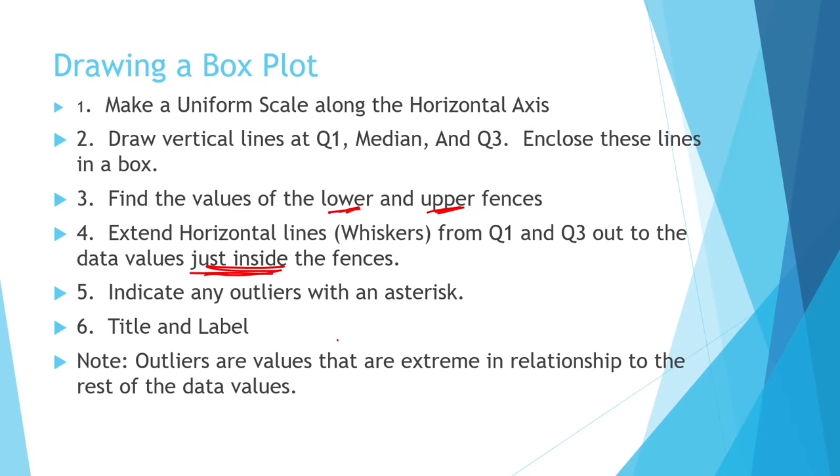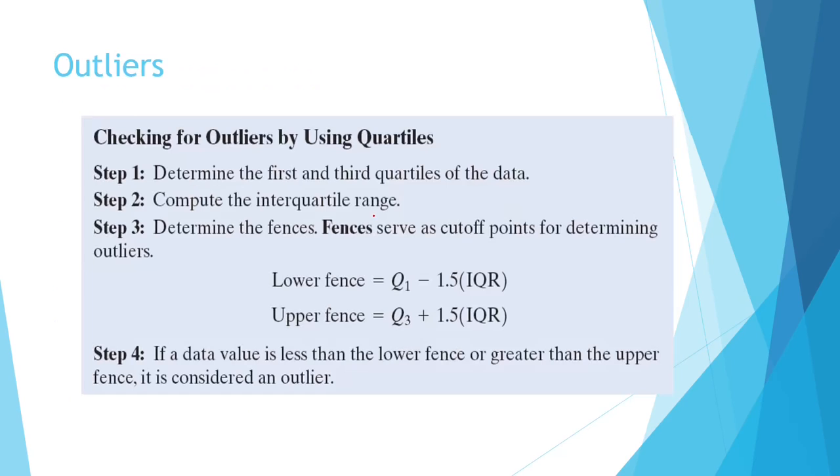Step 5, indicate any outliers with an asterisk. Step 6, title and label the box plot. Note, outliers are values that are extreme in relationship to the rest of the data values. In order to find outliers, we must first determine the first and third quartiles of the data, then compute the interquartile range, IQR, which is calculated by taking Q3 and subtracting Q1 from it.